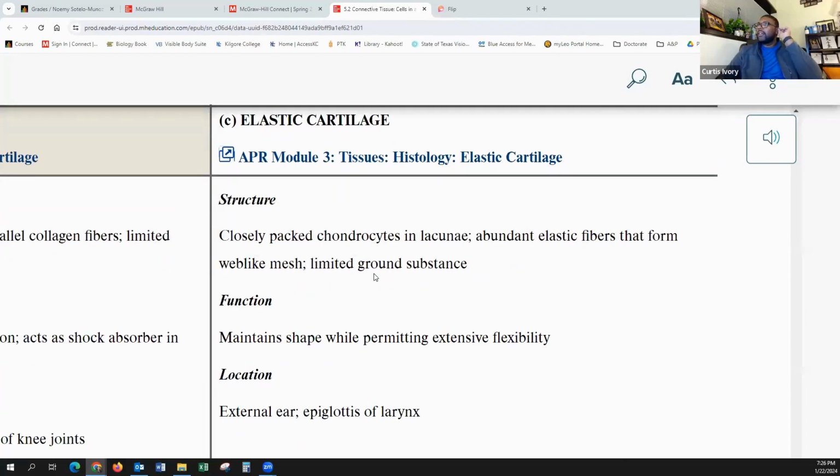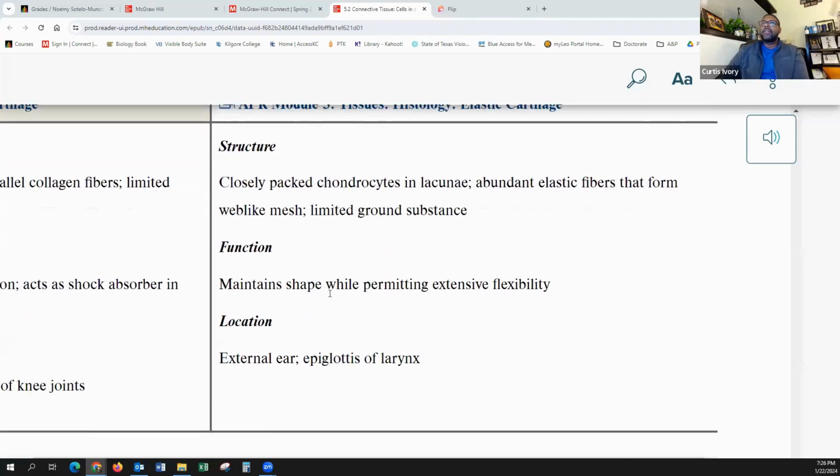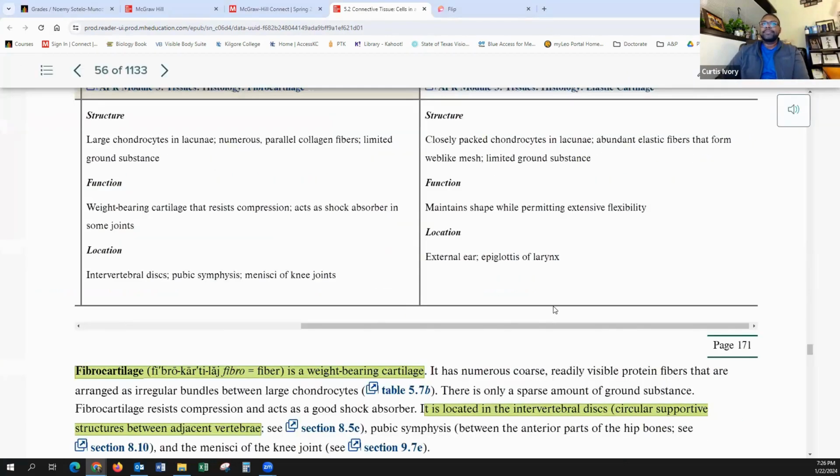If you feel right here, that little hard piece, it can stretch, but it snaps back to its original form. That is your elastic cartilage. And so again, the function is to maintain shape while permitting extensive flexibility, like your ear. So when you pop it and move it back and it snaps back into place, that's the reason why it's elastic cartilage.